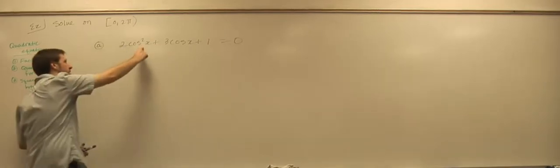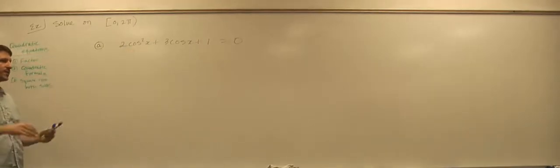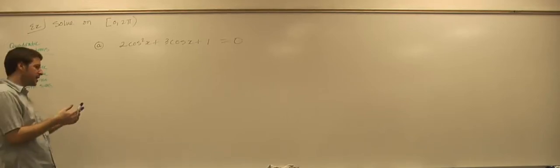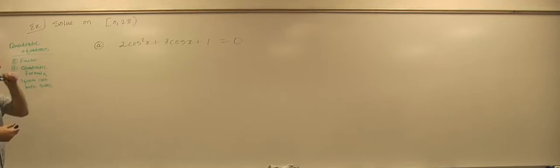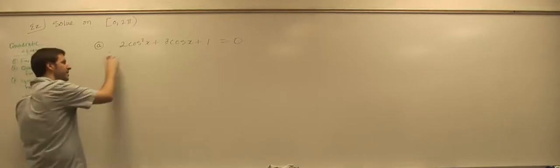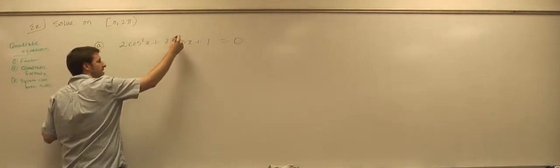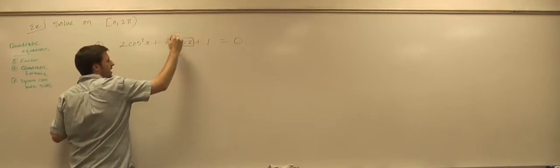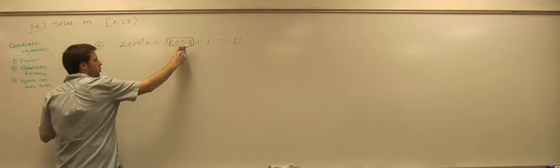All right, as soon as you see this cos squared, you know you're dealing with a different animal than we've been dealing with. So what I would like you to imagine in your head, I would think of this cosine here as an entire variable. Think of this guy like some u variable.